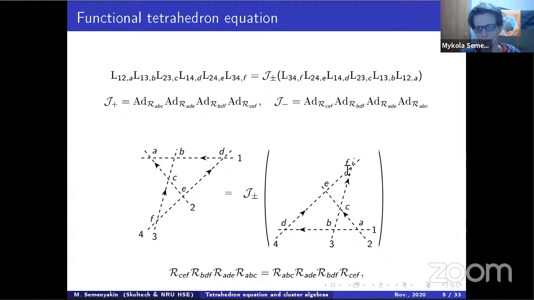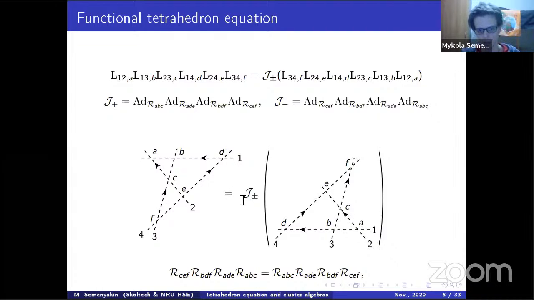And as an associativity condition for this RLL tetrahedron equation, we get a functional tetrahedron equation. To derive it, we have to take 6 Lax operators and multiply them and permute in 2 different ways, but with the same result.